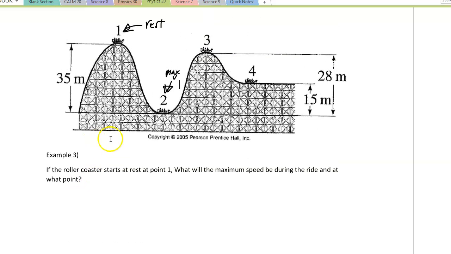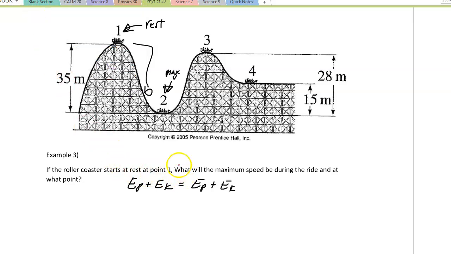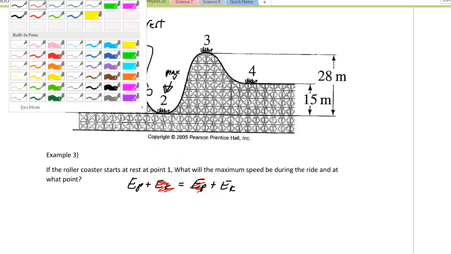So it doesn't really matter how high this roller coaster is above this point. It's just relative to this point because energy is there. And so, again, EP plus EK is equal to EP plus EK. But because of where we're defining our reference point as being point 2, we start off with no kinetic energy and end off with no potential energy.